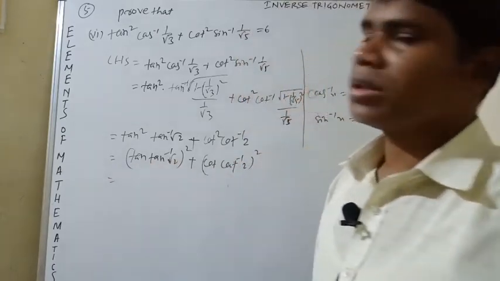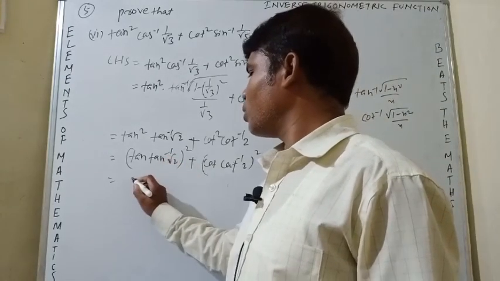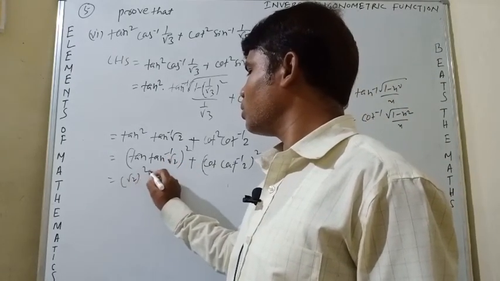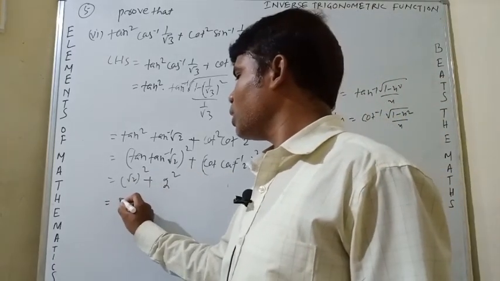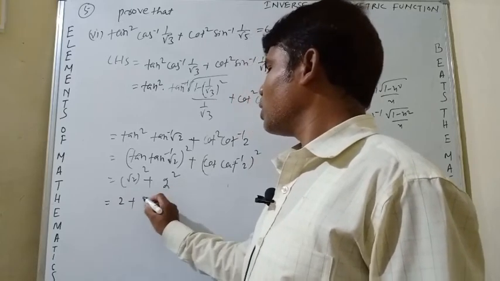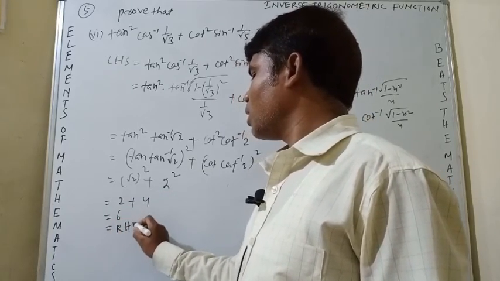Tan inverse is equal to 1, so this is root 2 square. Root 2 square is equal to 2, plus 2 square is equal to 4, so the total is 6, which is equal to RHS.